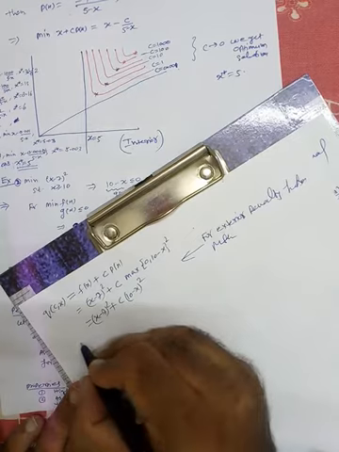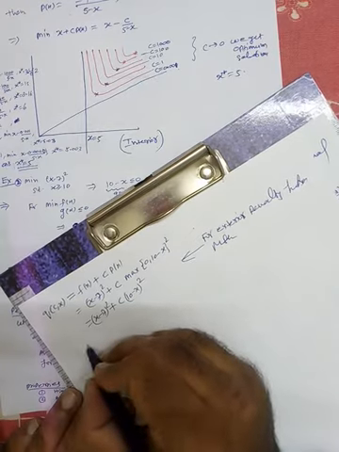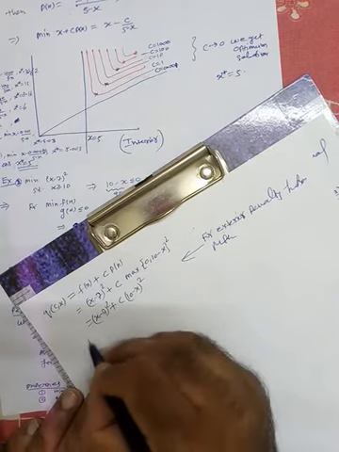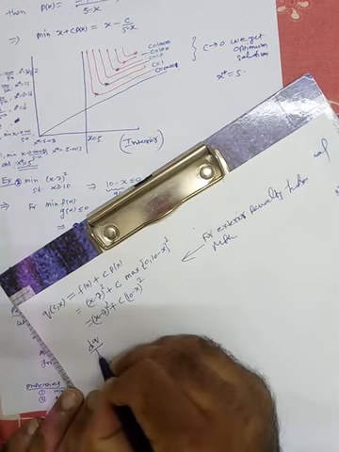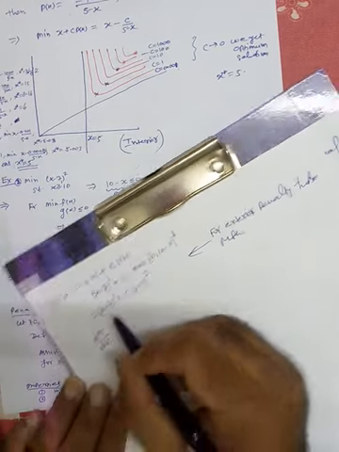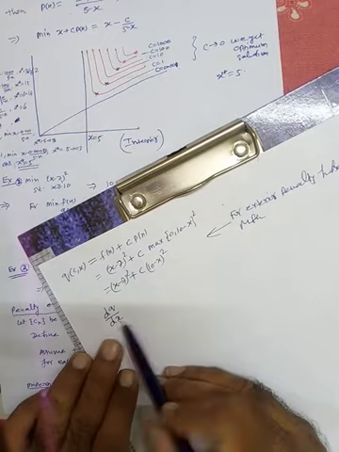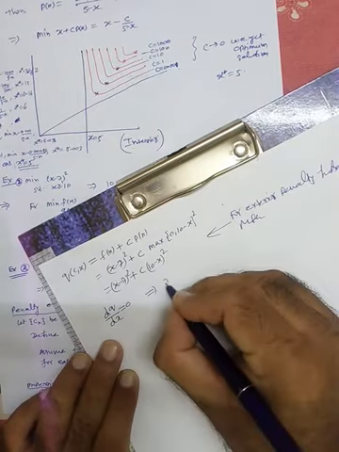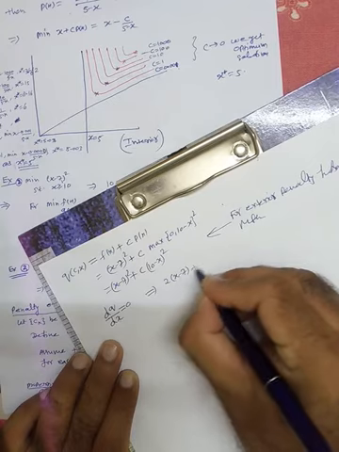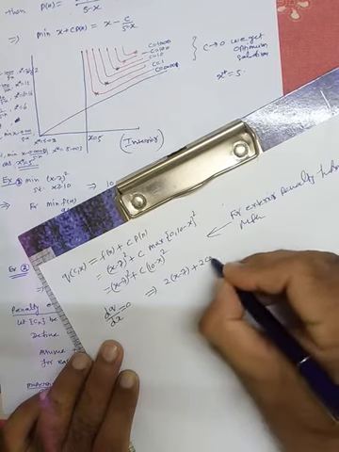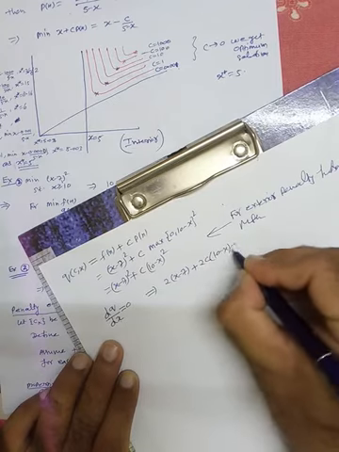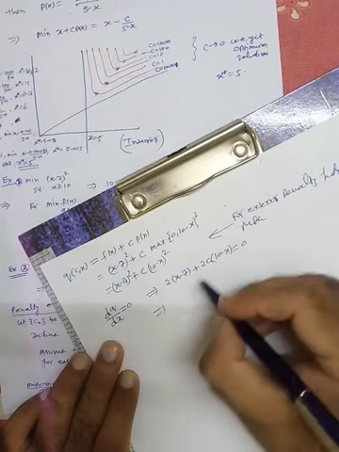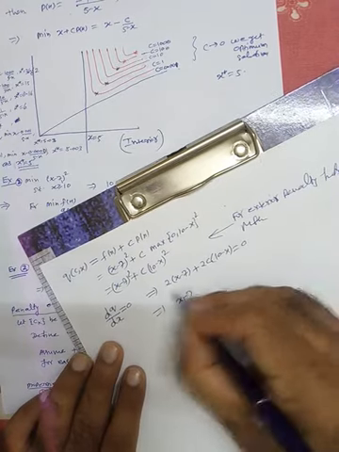So now here what will we do? We will take dQ upon dx equal to 0. So this will be twice (x minus 7) plus twice c (10 minus x) equals 0. Just divide by 2.